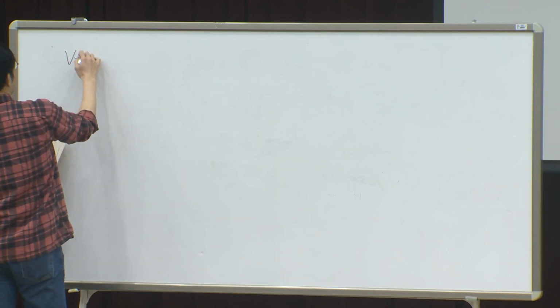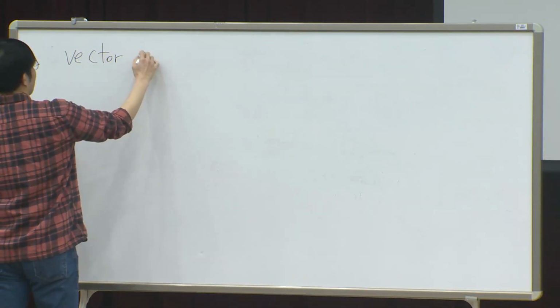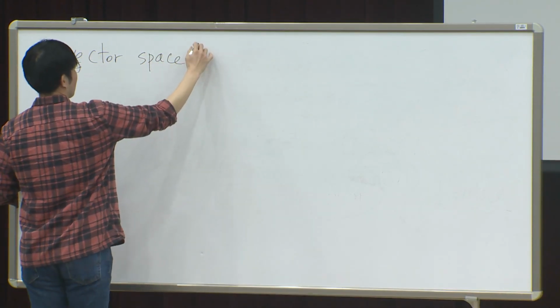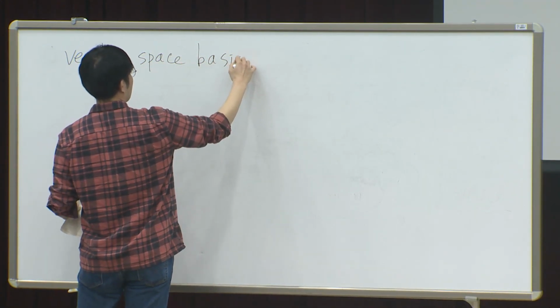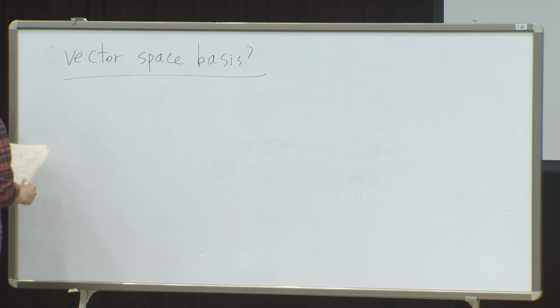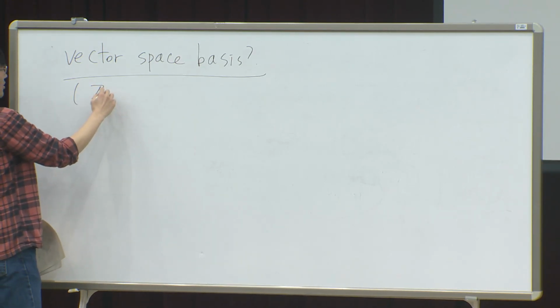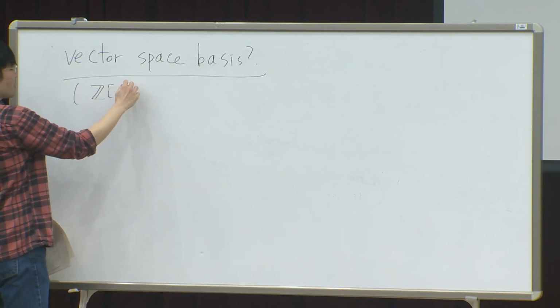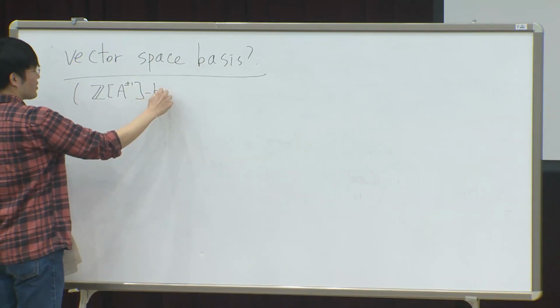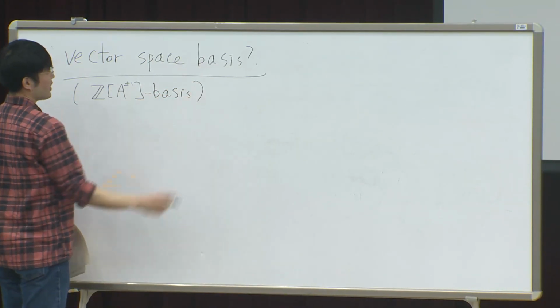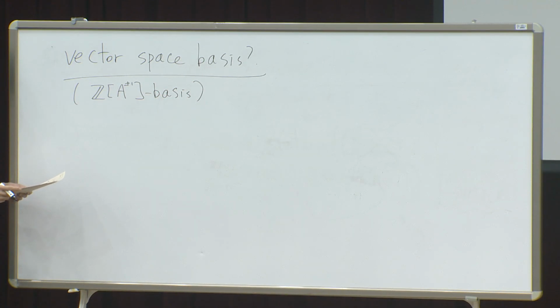So a vector space basis. Or, well, in this case, I'm not actually defining it over a field, I'm defining it as a free module, so perhaps a basis over this coefficient ring. That's to be more precise.